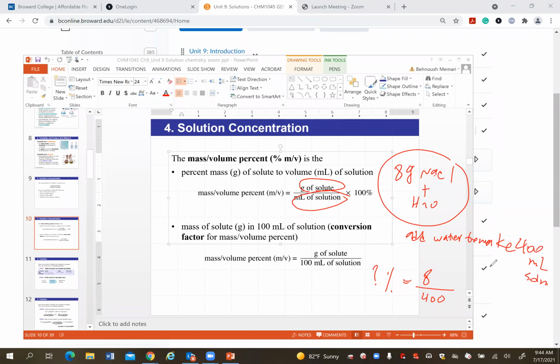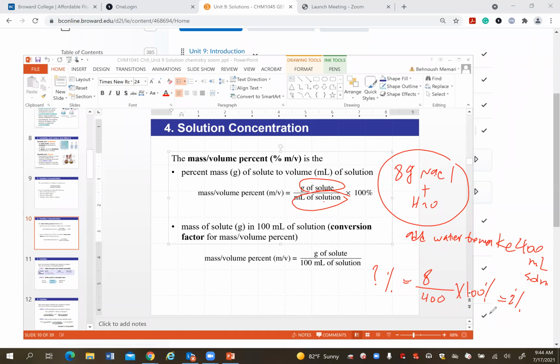So you add enough water to make 400 milliliter of solution, because by definition you need the milliliter of the solution. You don't need the milliliter of solvent for the percentage. Times 100%. So this is going to be 2%. So that's how you calculate it: mass of the solute divided by milliliter of the solution times 100.